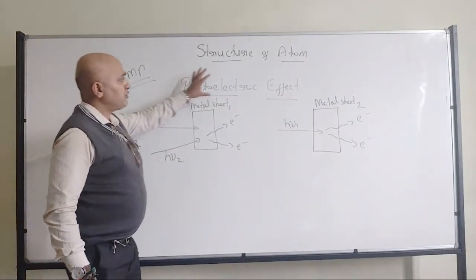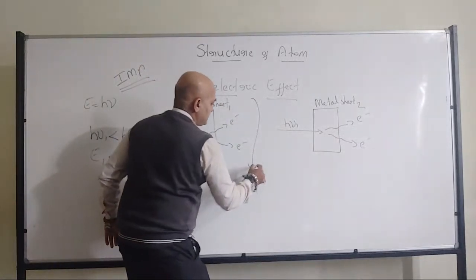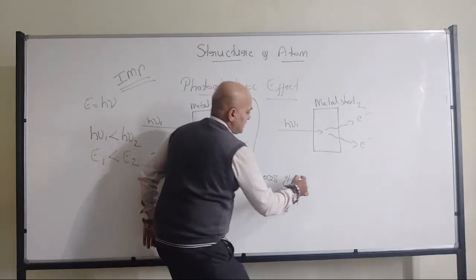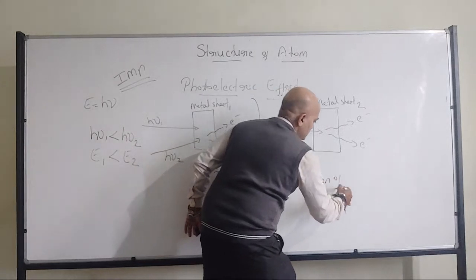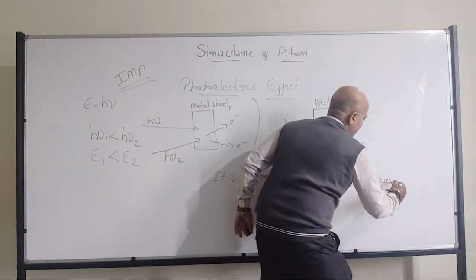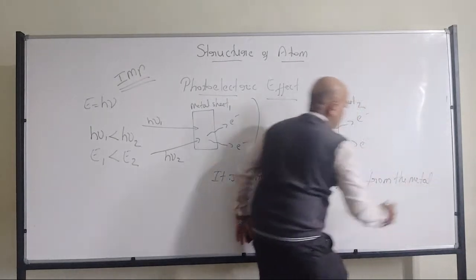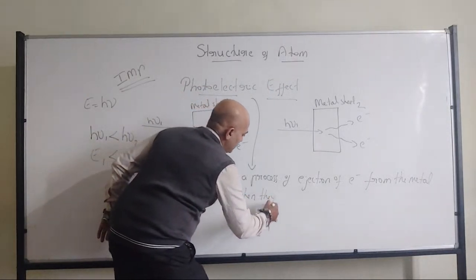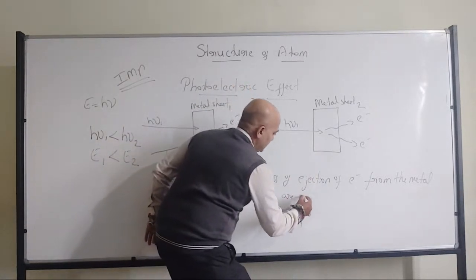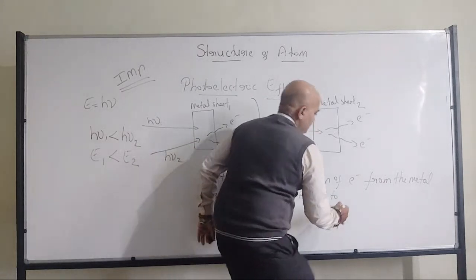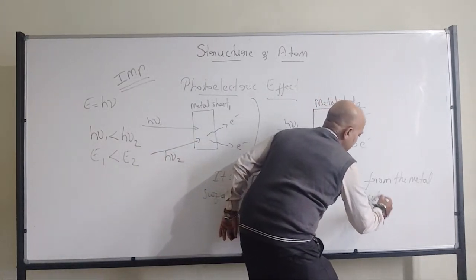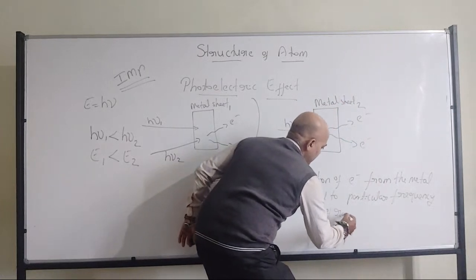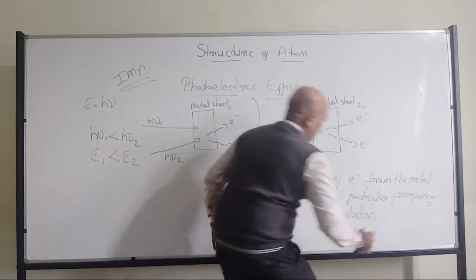So what I mean to tell you is, photoelectric effect is a process of ejection of electron from the metal surface when they are exposed to a particular frequency of radiation.